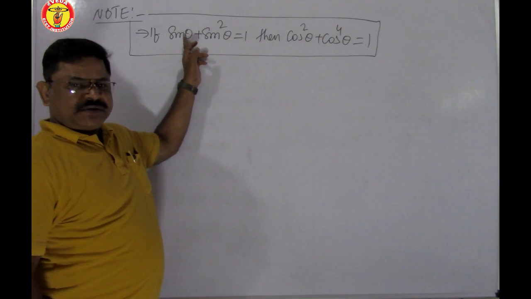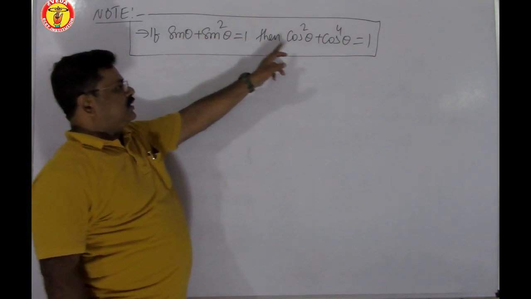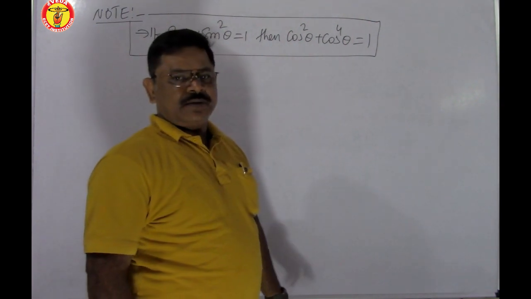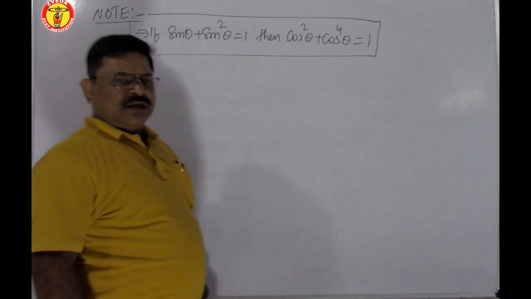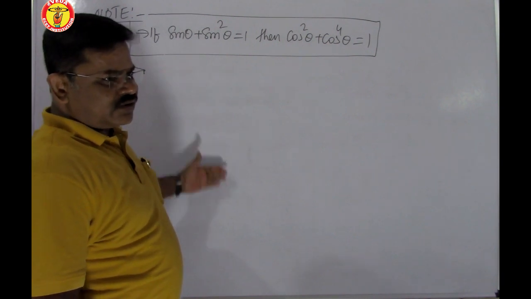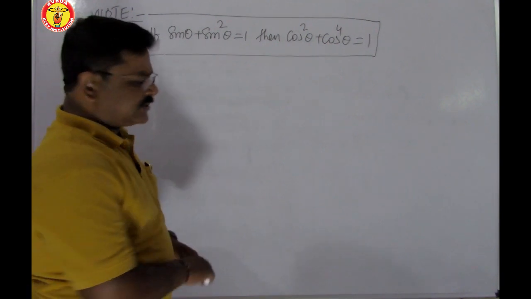Clear? Now we all know that whenever sin theta plus sin square theta is equal to 1, then cos square theta plus cos power 4 theta is also equal to 1. Now in this circumstance, in what methods they will give the question and in what way we are going to solve, now we are going to check it.